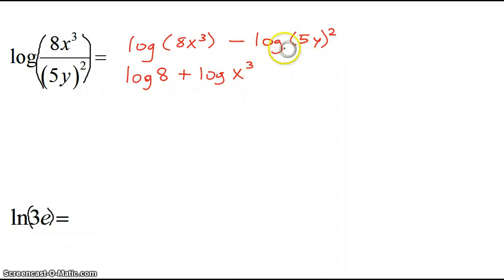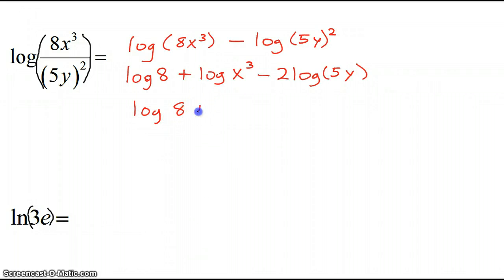And then I'm going to look at this one and say, well, here's a power. So what do I do with powers? Oh, I move them to the front. So I'm going to get minus 2 log so that I'm multiplying by the 2. So now I look and say, am I done? Well, log of 8, I can't do anything with that, so that must be done.